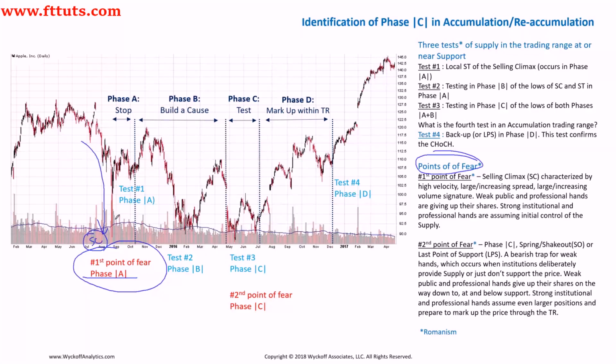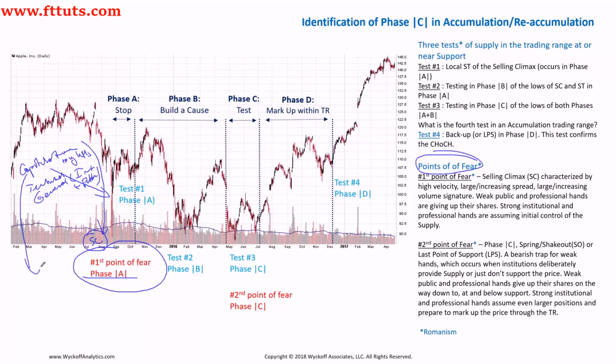Why does this point of fear develop this way? Well, I think I've mentioned this many times. We are experiencing a capitulation by weak hands. In this instance, it's more of a terminal capitulation, and therefore I sometimes call it a general capitulation that would have both institutions and public behind it.